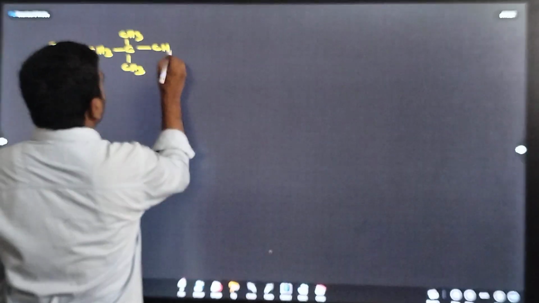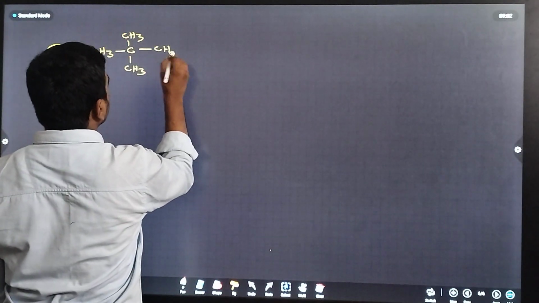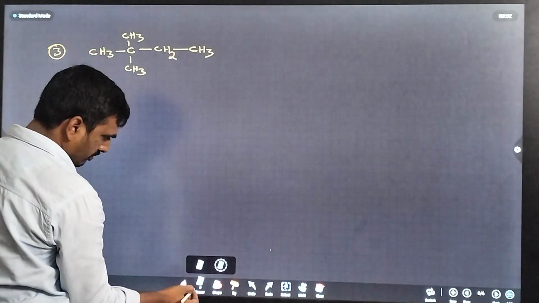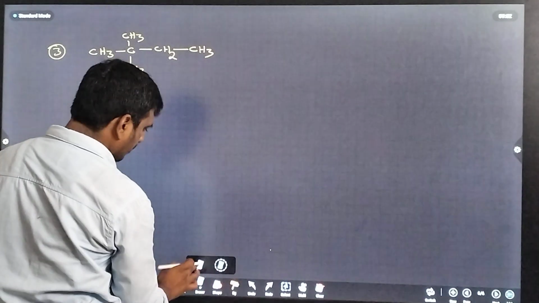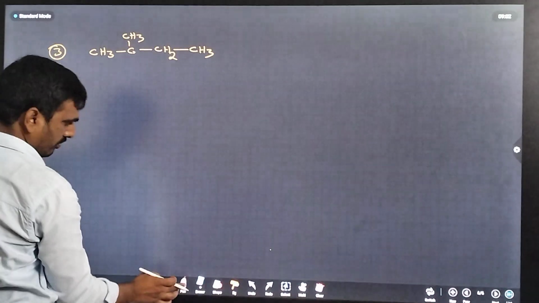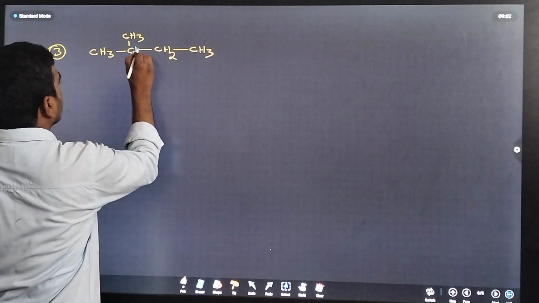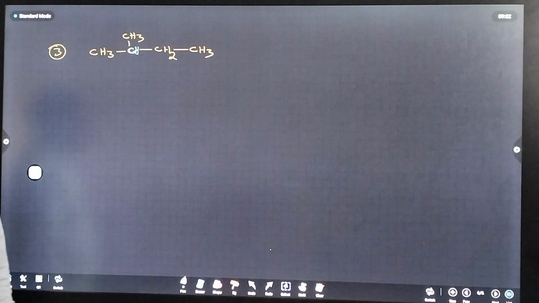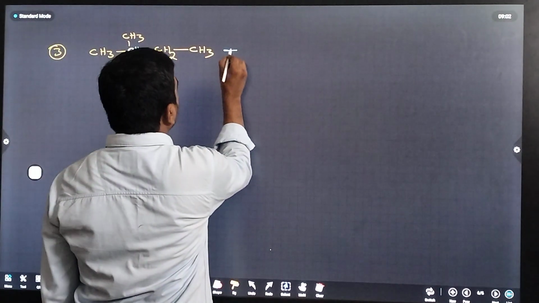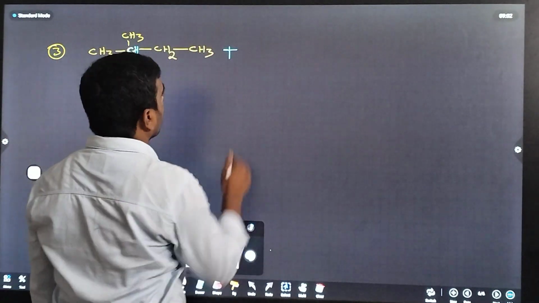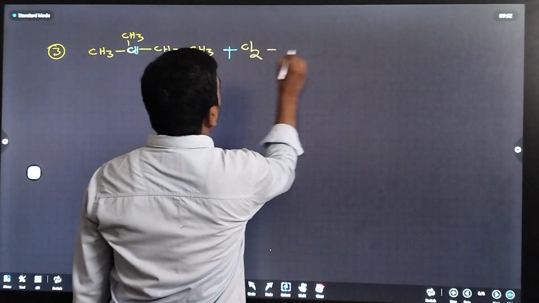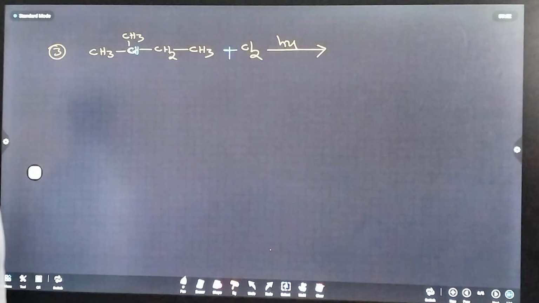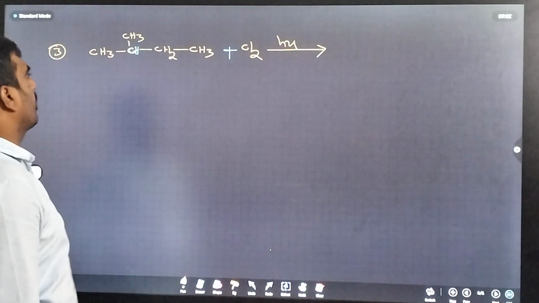Okay, so this is 2-methyl butane on monochlorination in presence of sunlight. So how many isomers are possible?